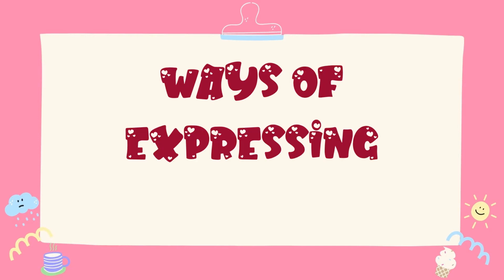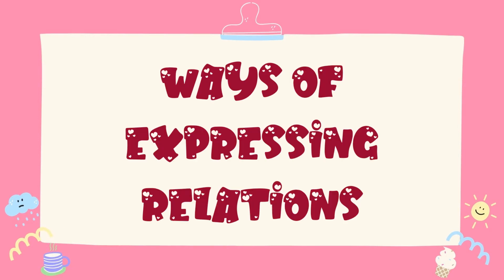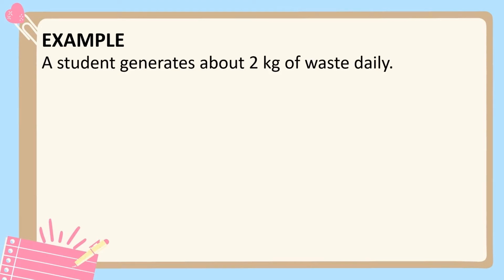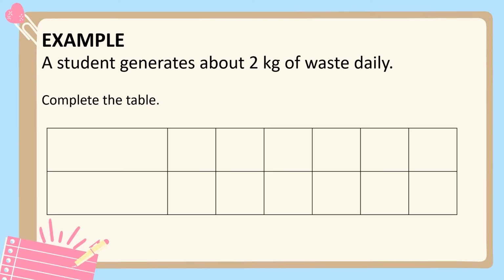Let's have the different ways of expressing relations. First example, a student generates about 2 kilograms of waste daily. So now we're going to complete the table below, which shows how the number of students affects the amount of waste generated daily.